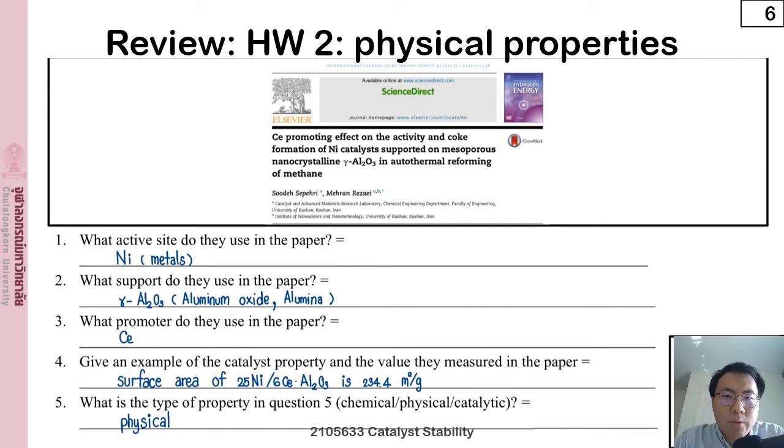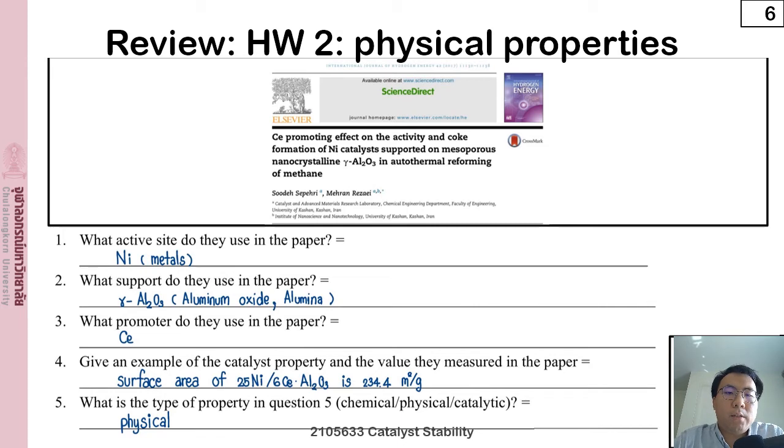So this person referred to the paper in the International Journal of Hydrogen Energy, which was published in 2017, and found that in the paper they use nickel as the active site, while they have the support of aluminum oxide, or alumina. Also, they use cerium as the promoter to enhance the catalytic activity.